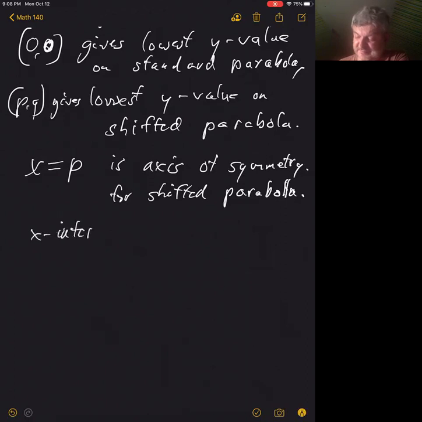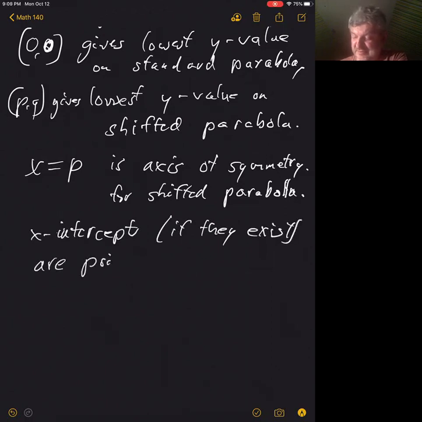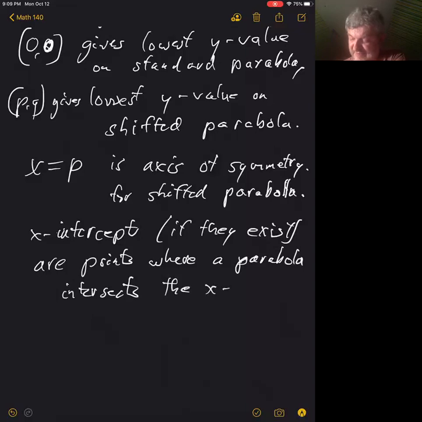X-intercepts, if they exist, are points where a parabola or a straight line, any function, intersects the x-axis. To be more precise, it's the x-coordinates of those points. But if you know the x-coordinate of some point on the x-axis, you know the point, and vice versa.